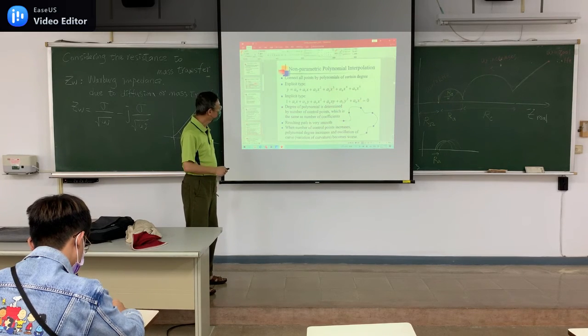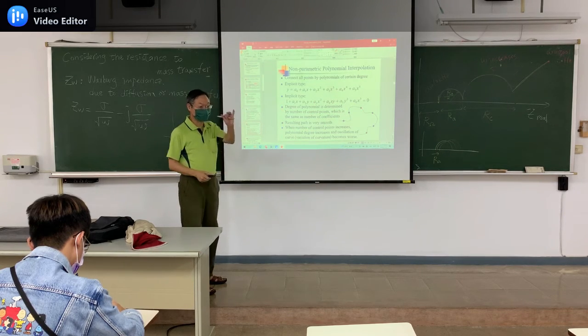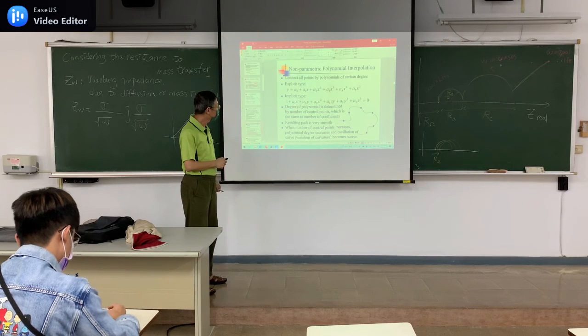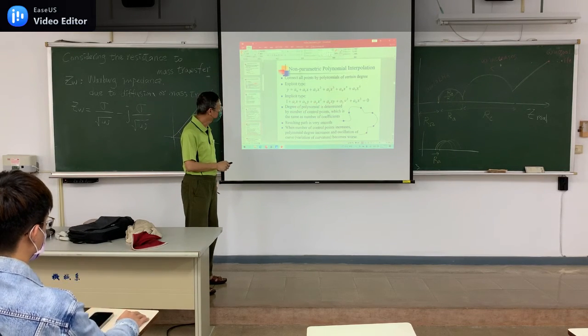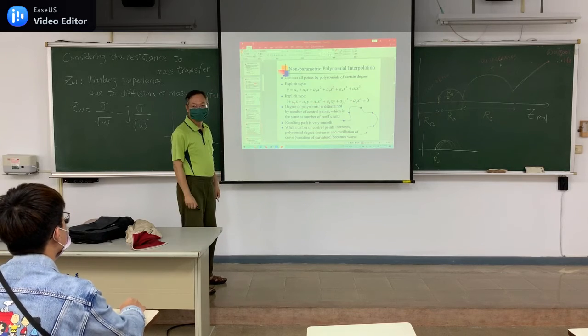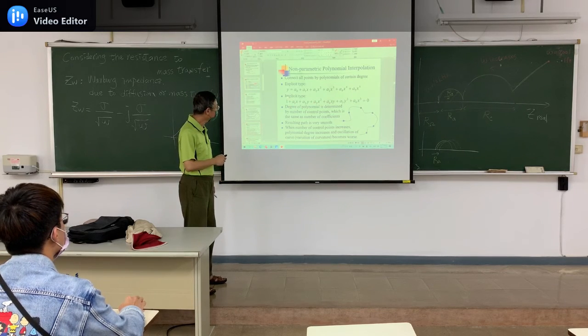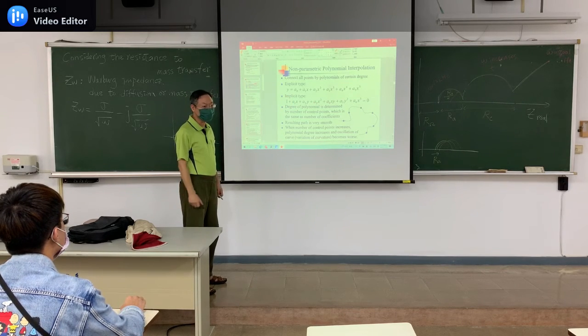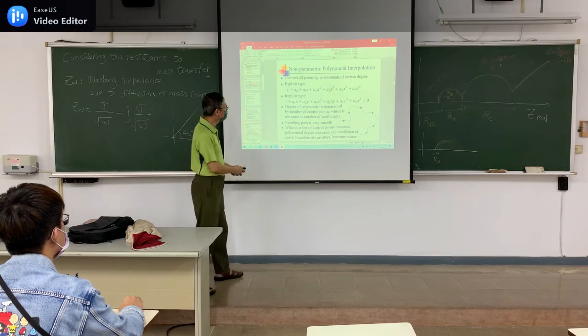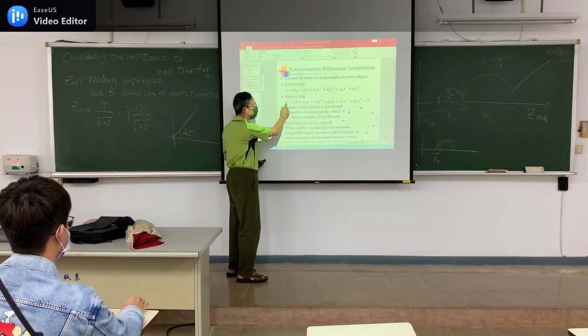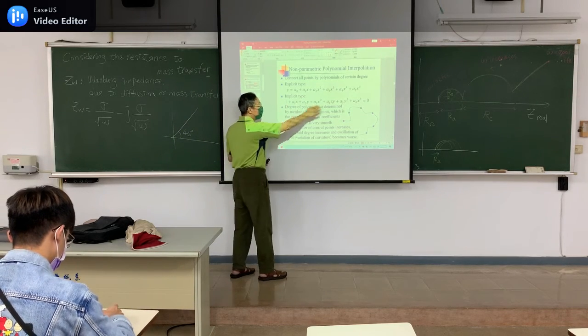And finally, up to S6, Y6, you get another equation. So you also have 6 equations in 6 unknowns: A1, A2, A3, A4, A5. Here, the constant is always set to 1, because if you have an A0 here, you can divide all of them by A0.